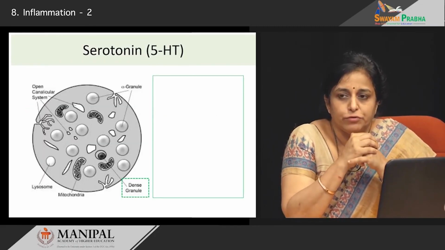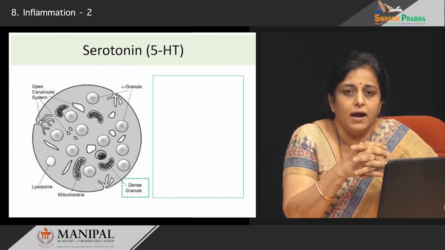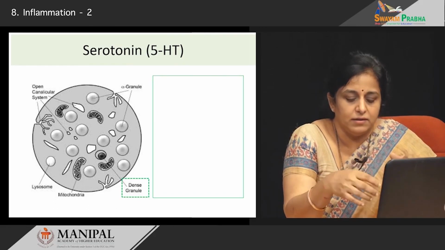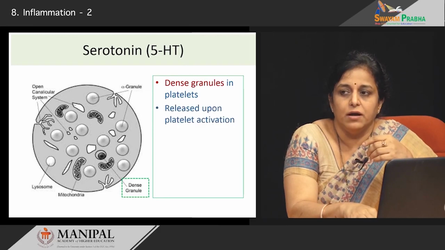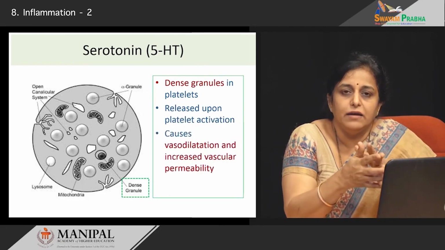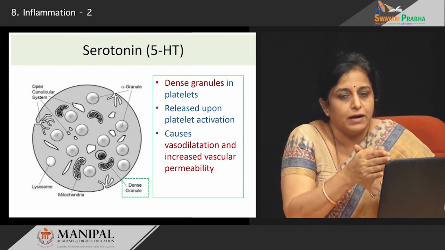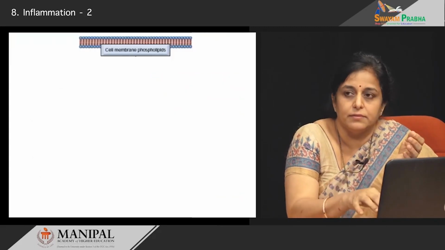Serotonin or 5-hydroxytryptamine is present within the platelets in a preformed state, and the platelet starts releasing the serotonin when they are activated in case of inflammation. They are present within the dense granules of the platelets, and the effects of serotonin are the same as that of histamine. They bring about vasodilation and increased vascular permeability.